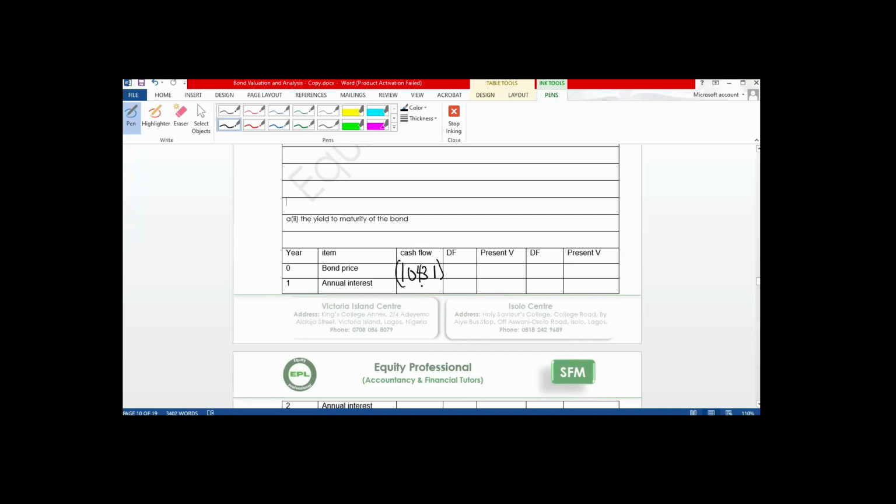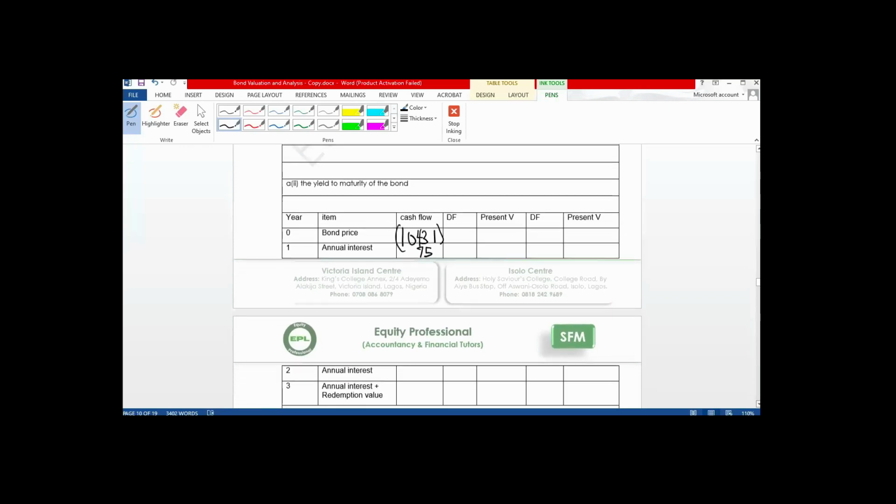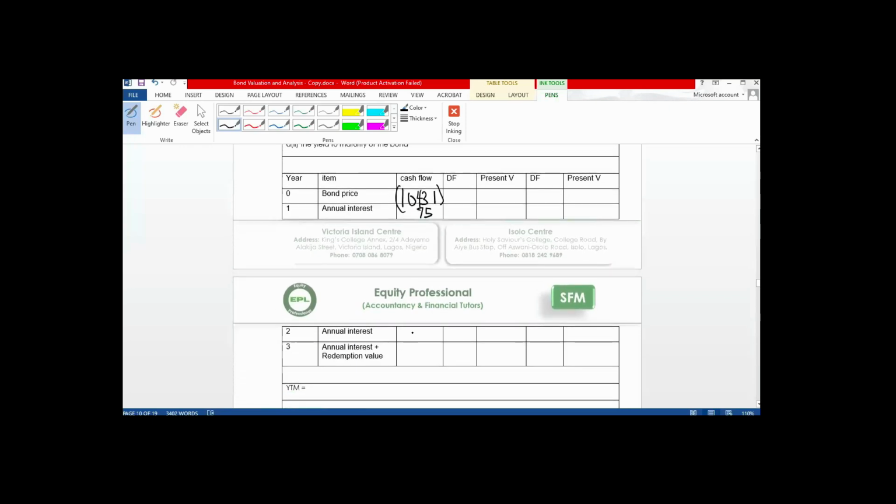Annual interest in year 1, 75 naira. Annual interest in year 2, 75 naira. In year 3, the annual interest plus the redemption value, 1,075.